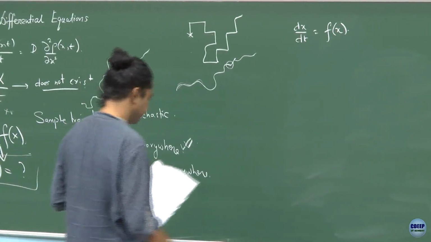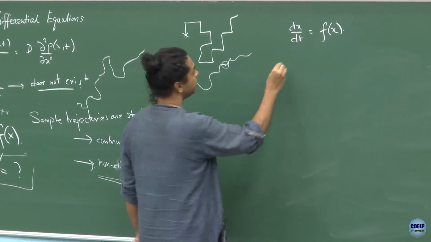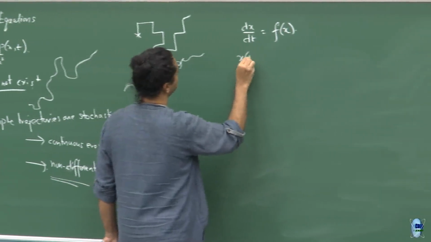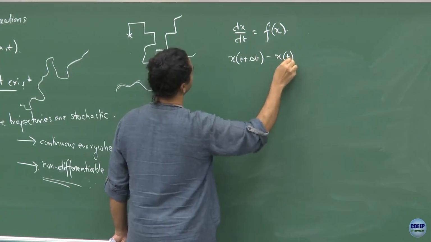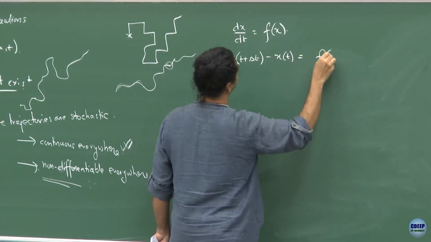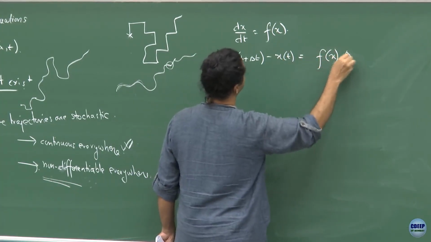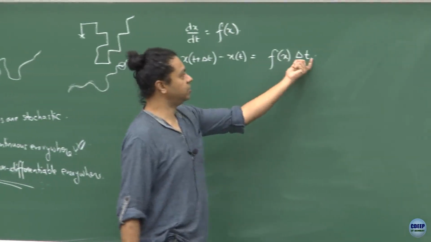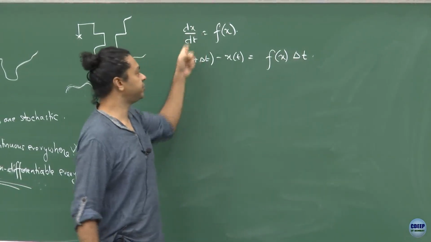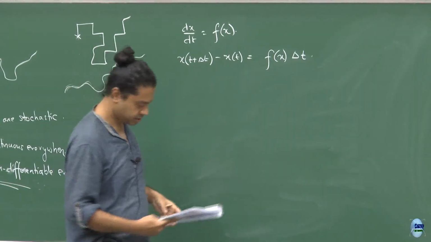What we can do is convert it into a difference equation. So, x(t + delta t) minus x(t) is f(x) times delta t. For small values of this time interval, I can interpret this differential equation as a difference equation.